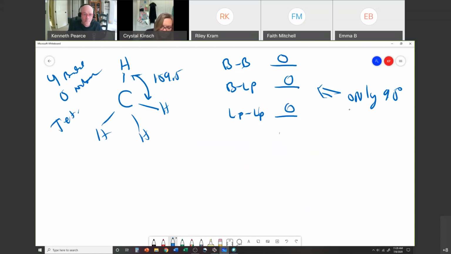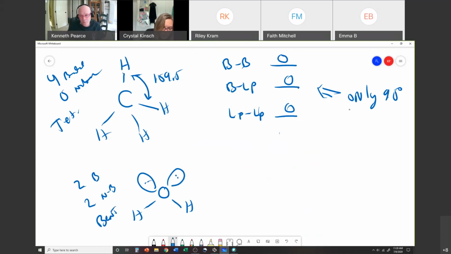Let's take water. And if you look at this, this is tetrahedral electronically, but look, this is 2 bonded, 2 non-bonded. This is bent. Okay, I looked on my table, 2 and 2. And what's the bond angle here?